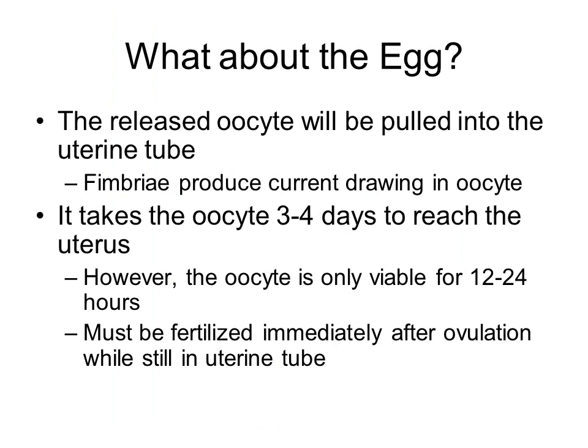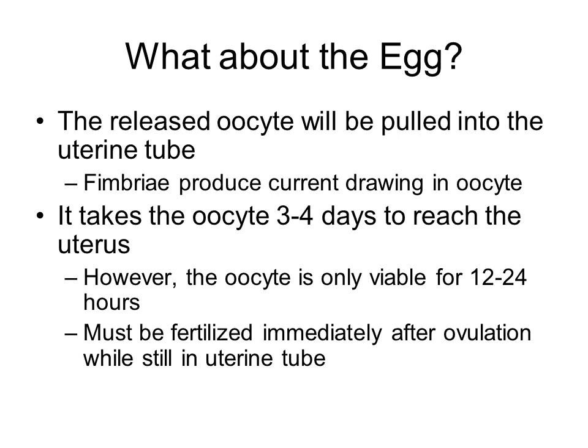So when ovulation occurs, that released oocyte, because the fimbriae are moving, that creates a current, and like I said earlier, it's going to draw that oocyte into the uterine tube. Now it's going to take about 3 to 4 days for it to reach all the way to the uterus.